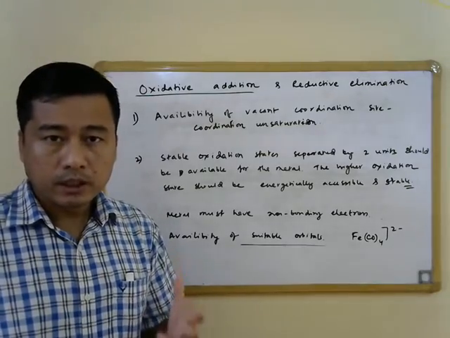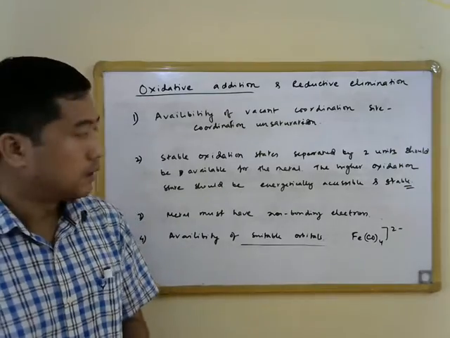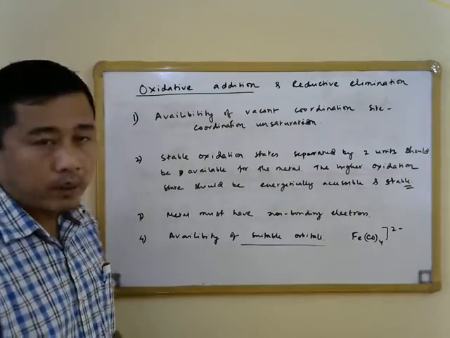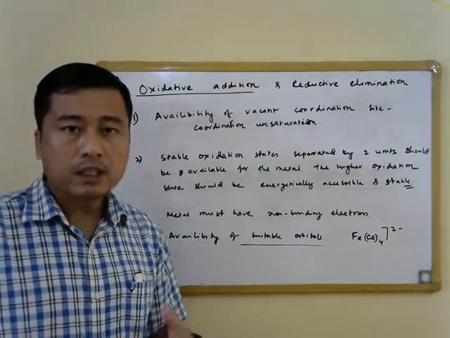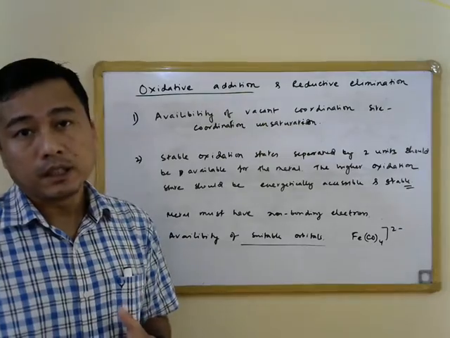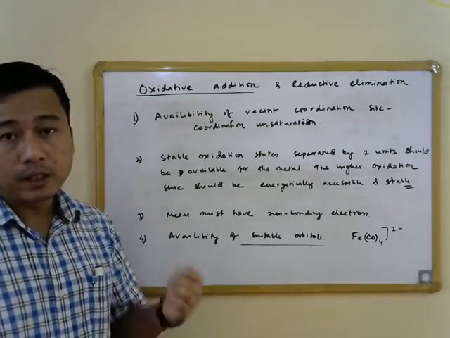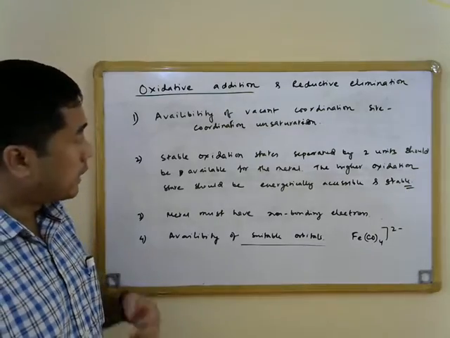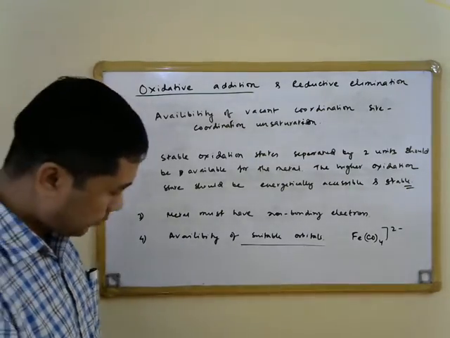So only electron rich metal complexes can undergo oxidative addition reaction, and that is the reason why only late transition metals, not the early transition metals, undergo oxidative addition reactions, because these complexes are electron rich complexes.